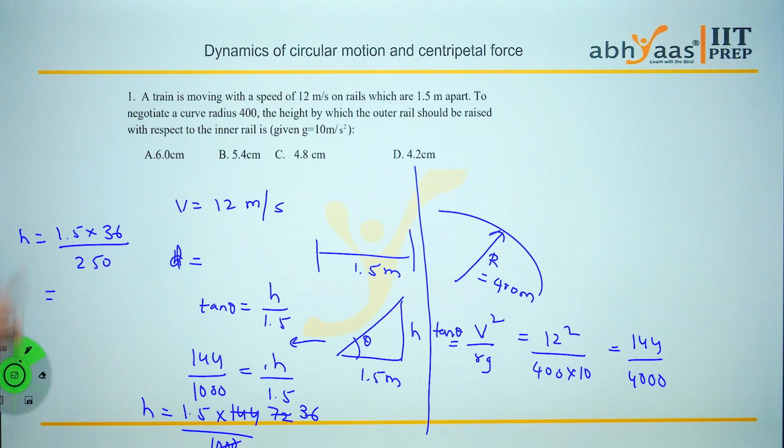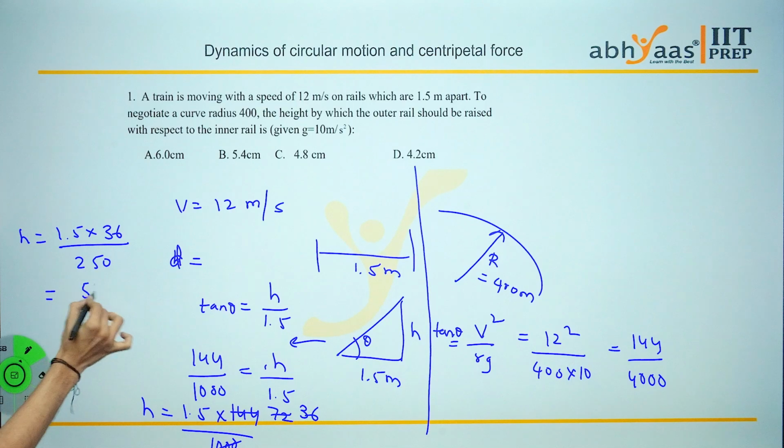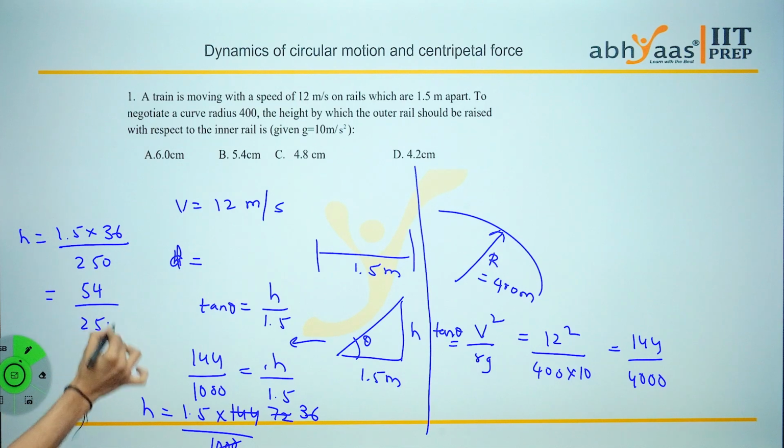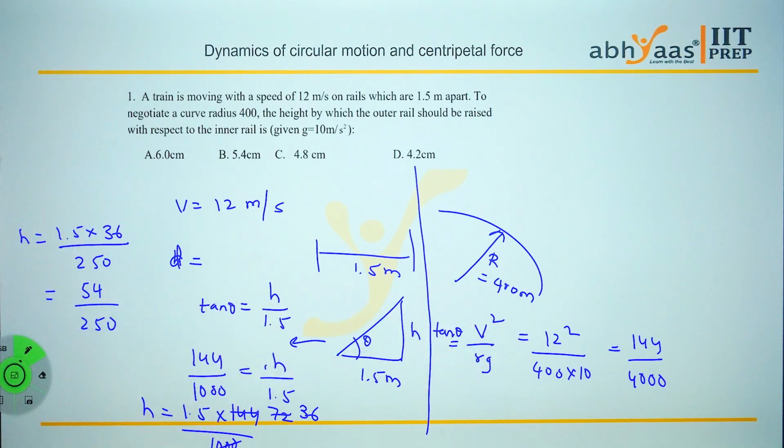So 36 plus 18, that is 54, so 54 by 250. You can easily understand how to get this answer. H is equal to 54 by 250, from V square by RG, once you get R and G values.